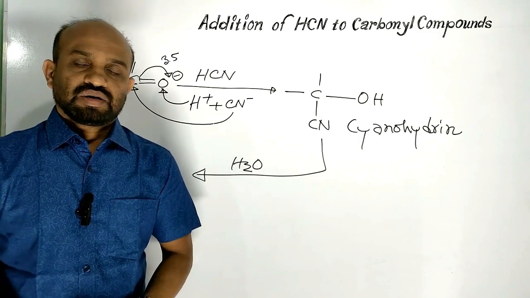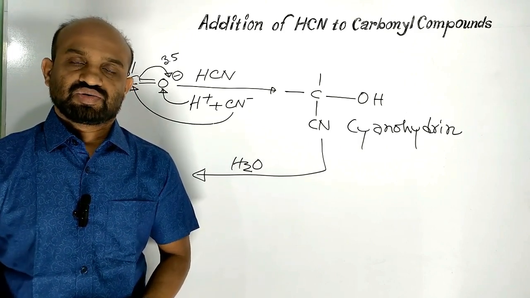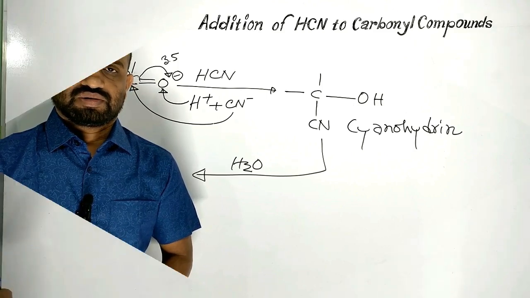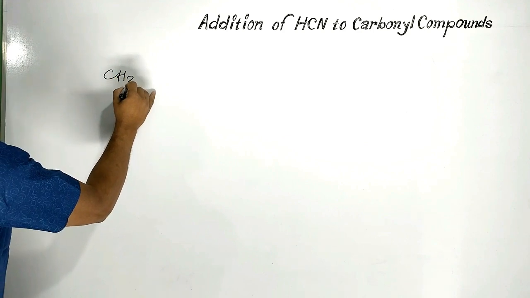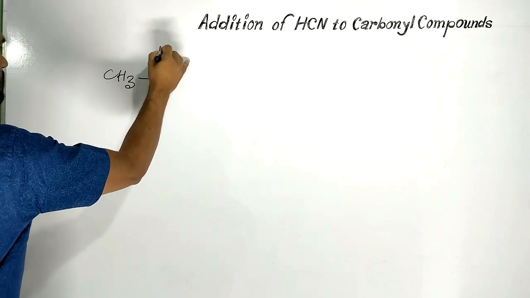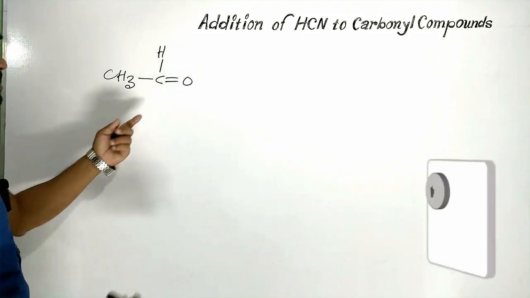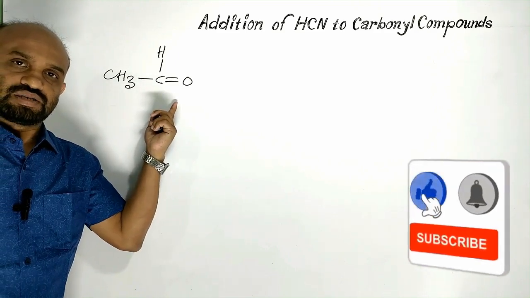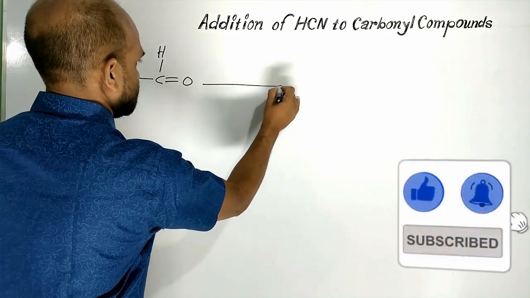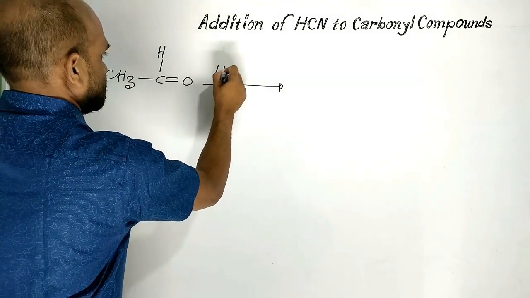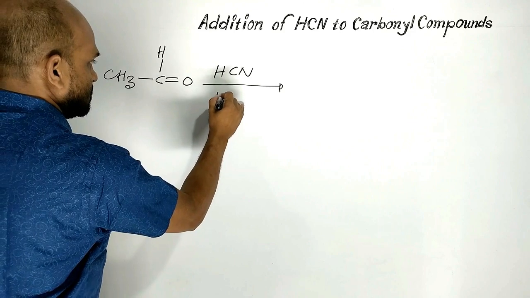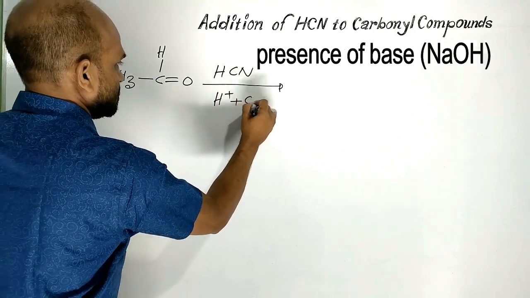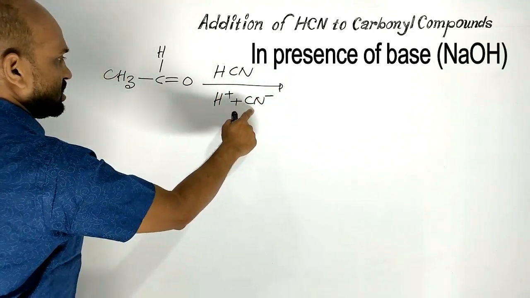Let us see addition of hydrogen cyanide to carbonyl compounds. Carbonyl compound, ethanal or acetaldehyde. Hydrocyanic acid produces proton and cyanide ion.